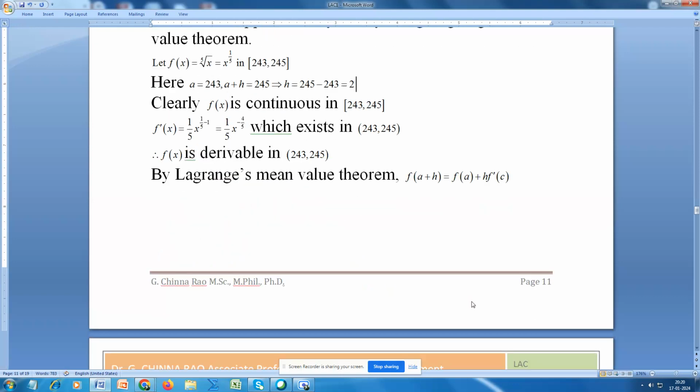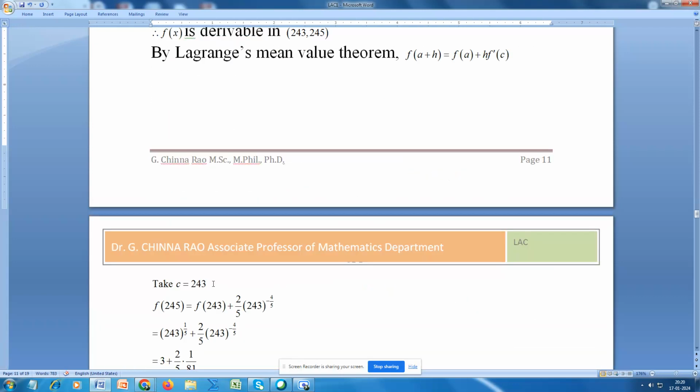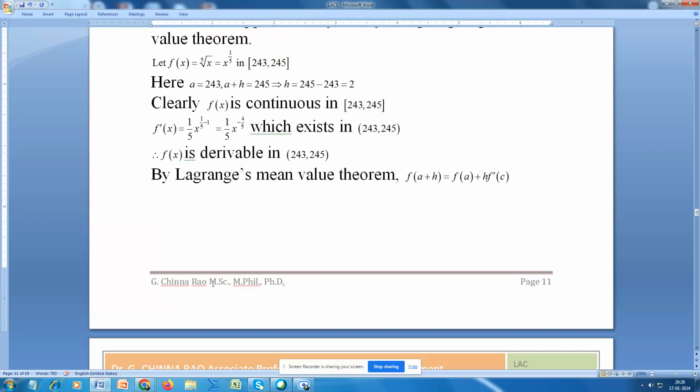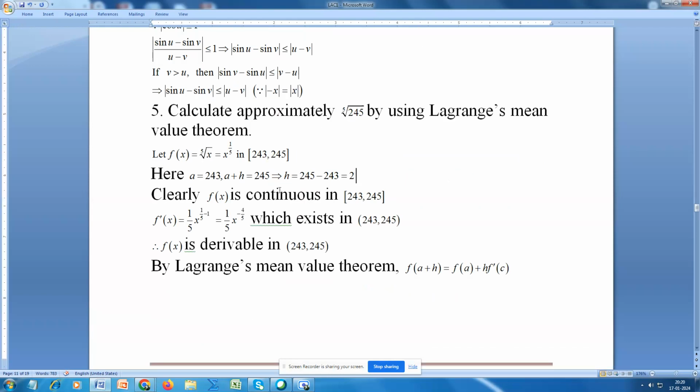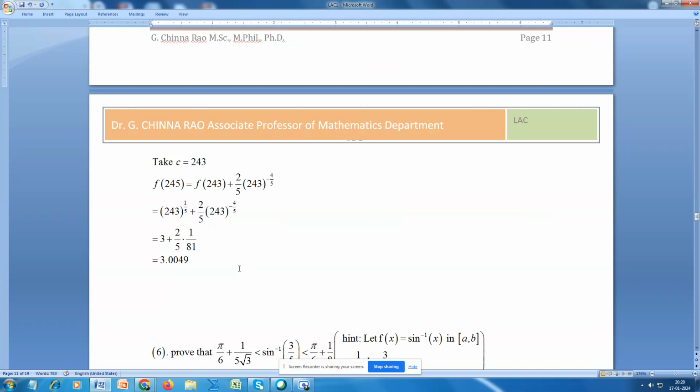Here we take c is equal to 243. Already we know that a plus h is equal to 245. You put it here. You take c as 243 because it is simplified by fifth root. Fifth root of 243 is 3. Okay, you take a number which is comfortable.